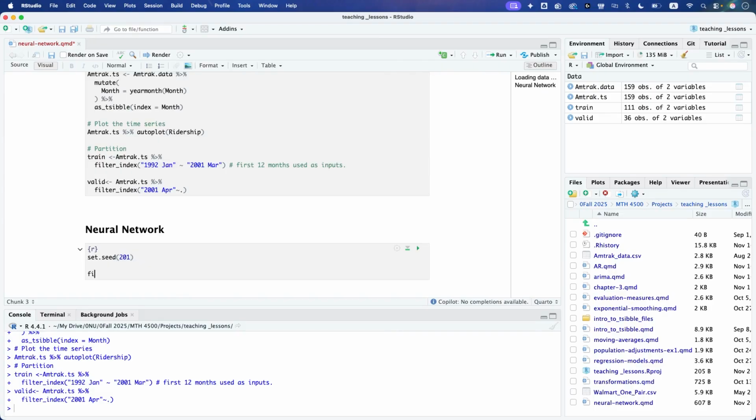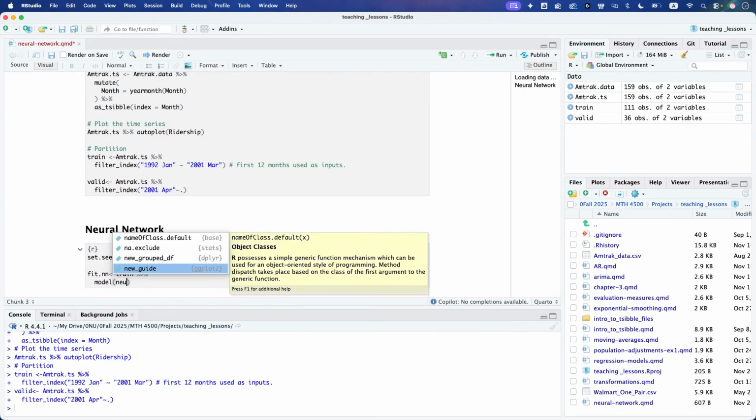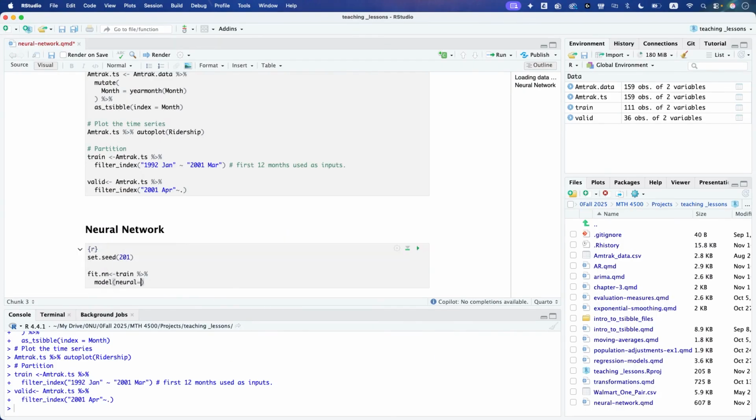Now let's fit the model, fit the neural network. So I'm going to use the train data and pass it to the model. The model, I'm going to call it neural. The function that we are going to use is NNETAR. Then my variable is ridership.